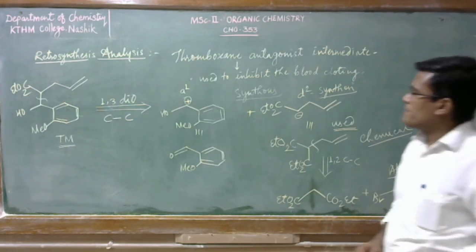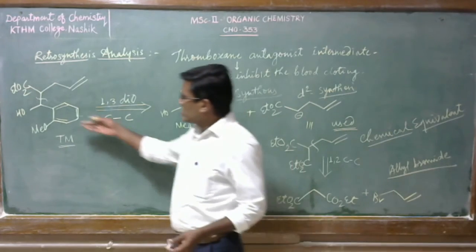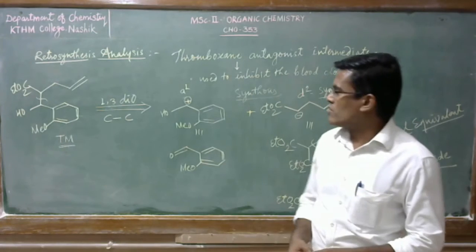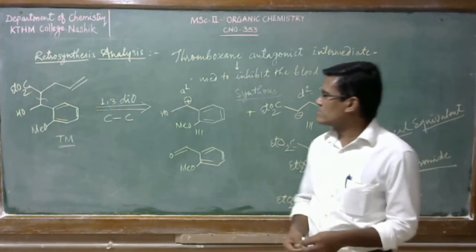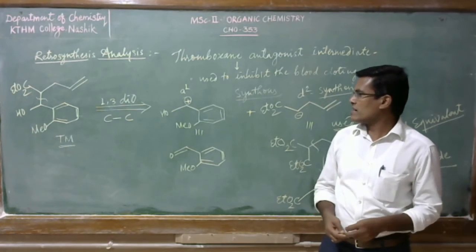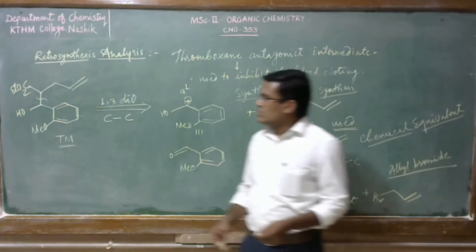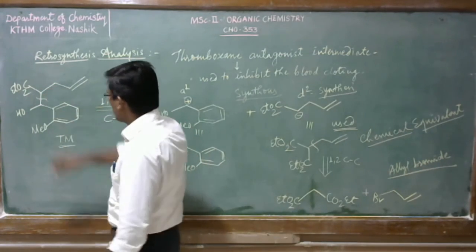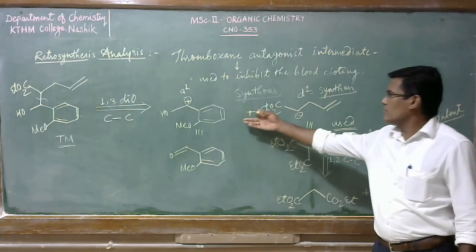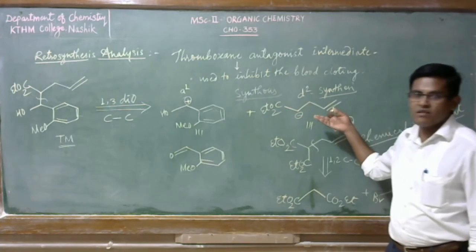When you look at this molecule, we have this beta hydroxy carbonyl compound, so it's obvious that this compound can be made by using aldol reaction. When you break this bond via 1,3 disconnection, we get these two synthons.